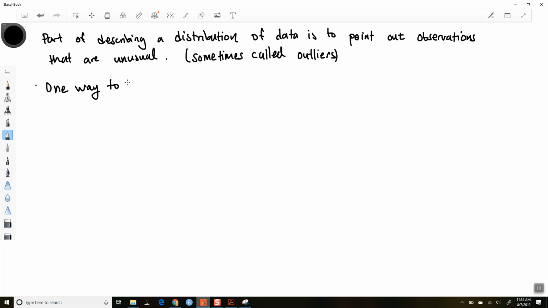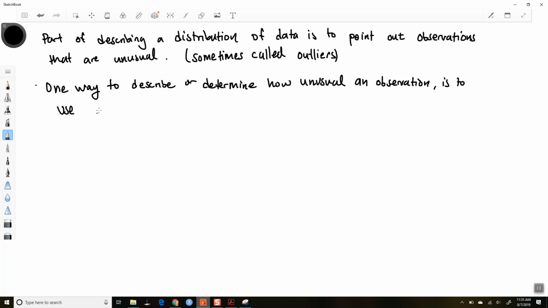There's a few ways to decide if something is weird or not, right? But one way to describe or determine how unusual an observation is, is to use a z-score, okay?